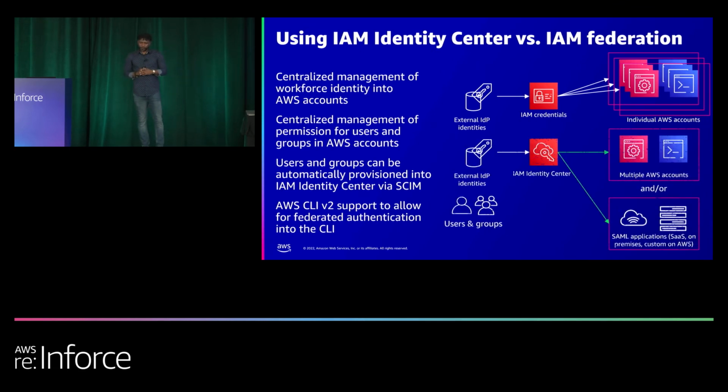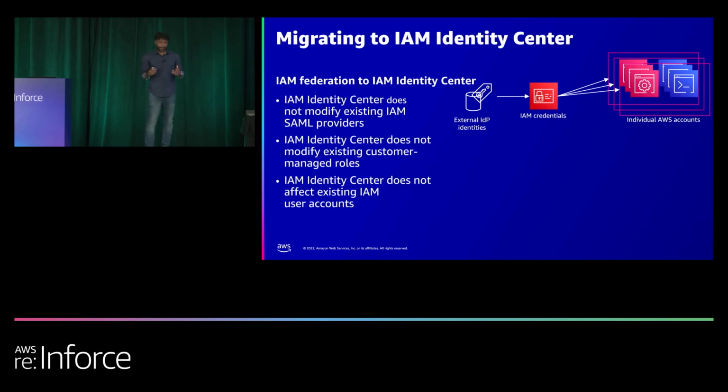All right, so let us look at migrating from IAM Federation to IAM Identity Center. Now, again, customers ask about this very often. They're often very hesitant to do this because they don't want to break what already exists, and it's a reasonable concern. Now, I'm here to tell you that moving to IAM Identity Center does not modify any of your SAML IDP configurations.